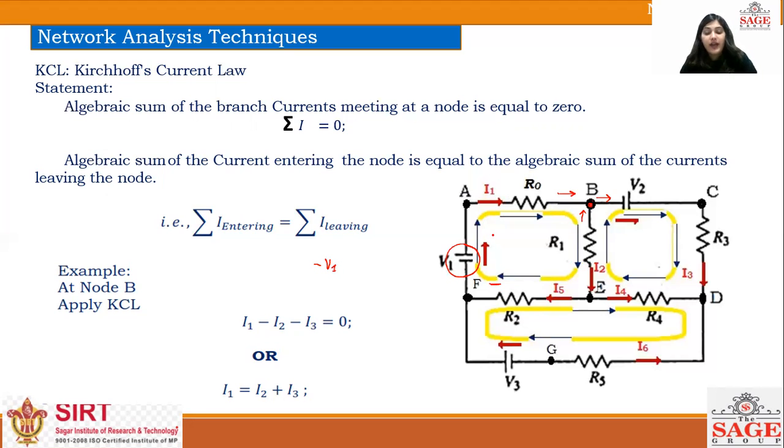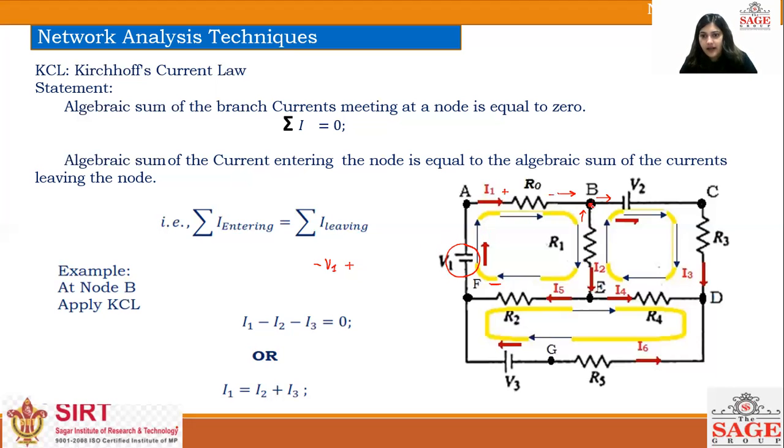For a passive element, if current is entering, then that terminal will be positive, and where the current is leaving, that terminal will be negative. And as we are going clockwise, we will consider the sign which comes very first. So positive is coming here, so here we will write plus. Okay. And this was all about the KVL.